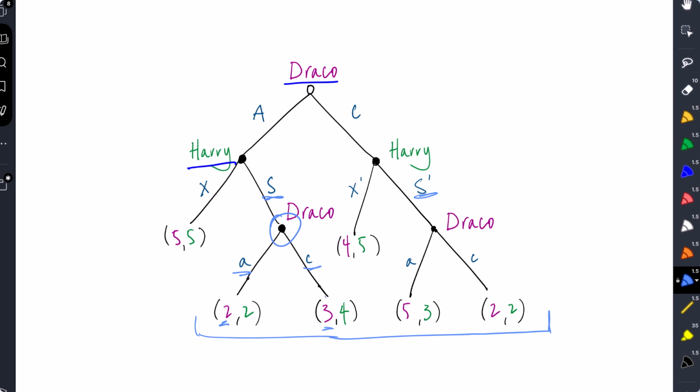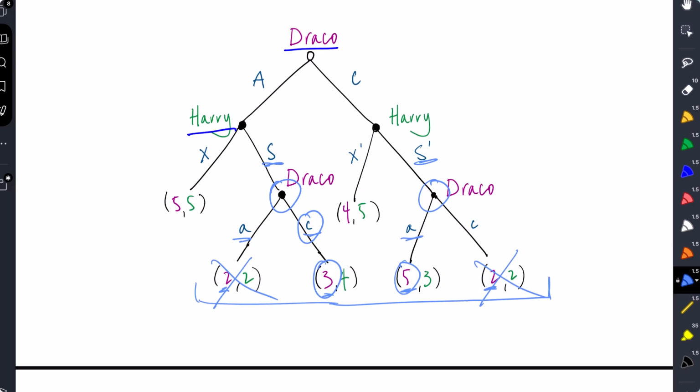So he's going to choose C to get the 3. If Draco ends up here, then his payoffs are going to be either 5 or 2. He's going to want the 5, so he'll choose A. Okay, so this outcome is not going to happen, and this outcome is not going to happen.